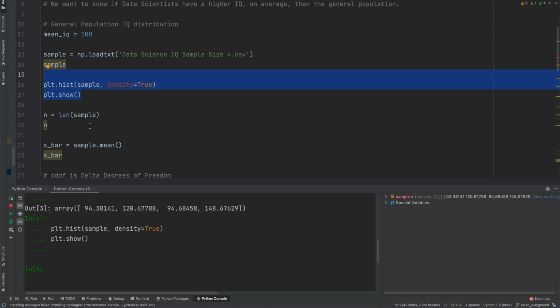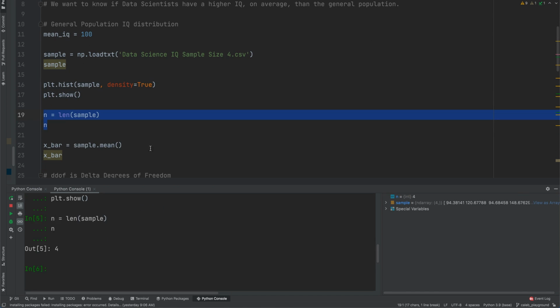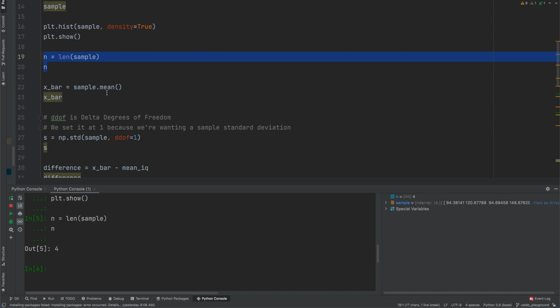So we're going to grab the length of that, which is going to be 4. I'm going to be plugging these things in, walking you through the basics of the math. I'm not going to formally derive these equations or anything, but you should be able to follow along with these equations as I'm doing them.